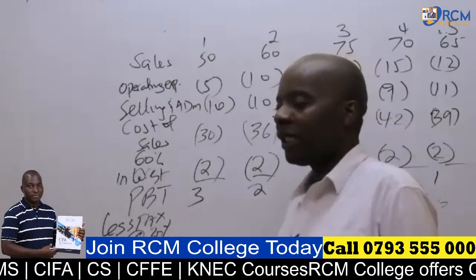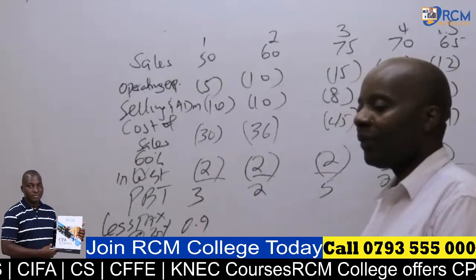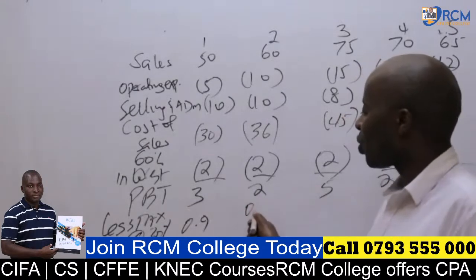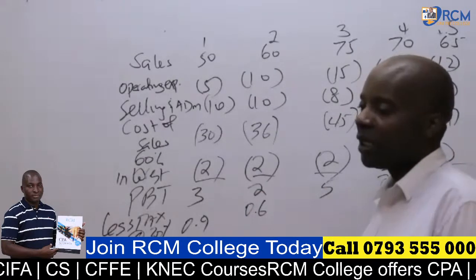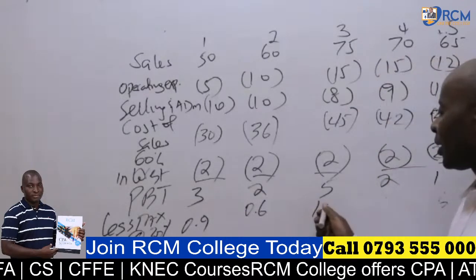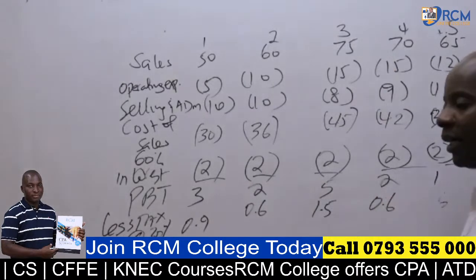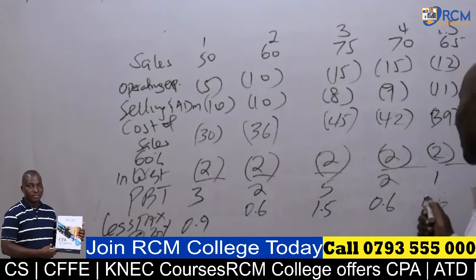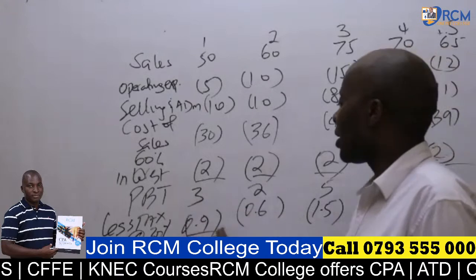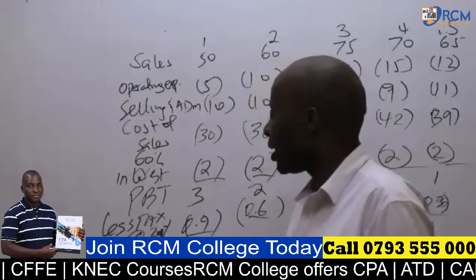From Emma, I can see 0.9, 0.9, 0.6, 0.6, 1.5, 0.6 again, 0.3. Thank you very much. So please subtract these very first. When you subtract them, what are we seeing here to be our profit after taxation?